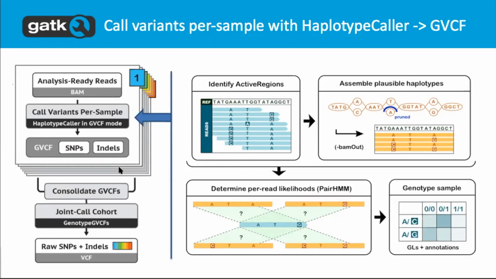Now, traditionally, what you would do is you look at, let's say you're looking at a particular position in the genome, you look at how the reads are aligned, and you just see if there are mismatches to the reference, how many are there. If it's about all the reads or about half the reads, we'll say, okay, that's a likely SNP at this site.